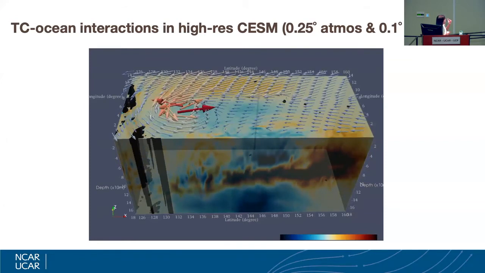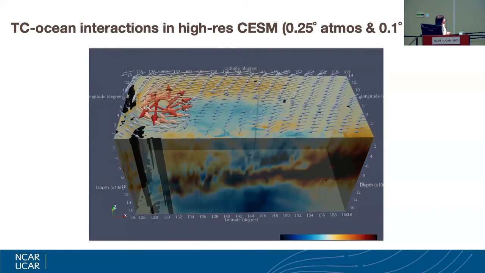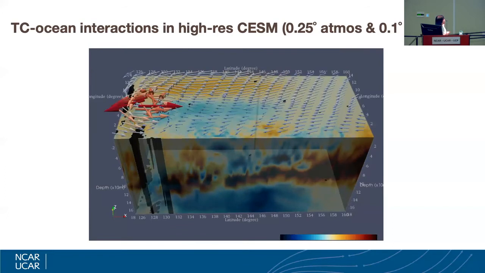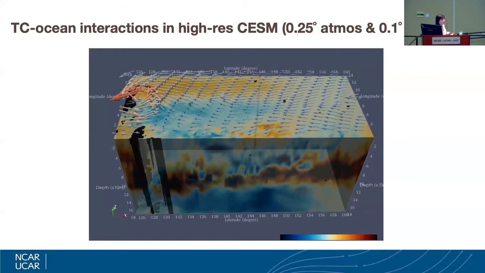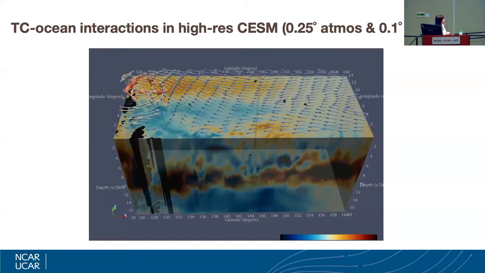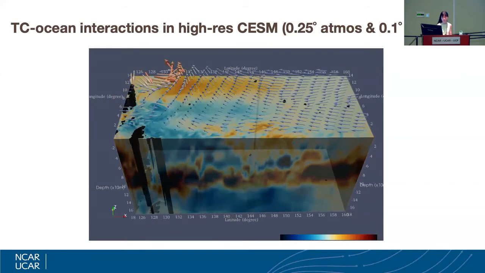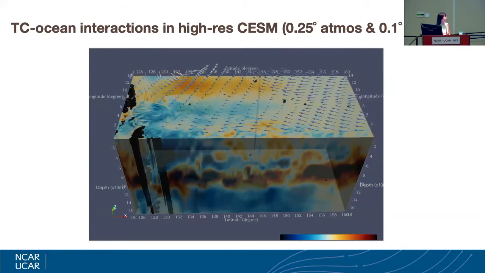As the storm moves west, this warm temperature anomaly just stays here, and it stays there robustly. As the storm moves on, some cold anomaly that was originally here has already gone back to normal condition, but the warm temperature anomaly stays for much longer. So this tells us, again, the model is able to simulate the ocean's response to tropical cyclone forcing.